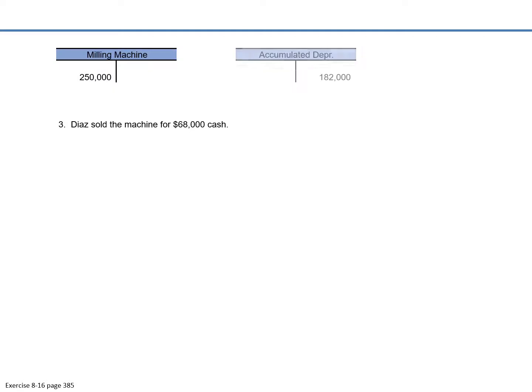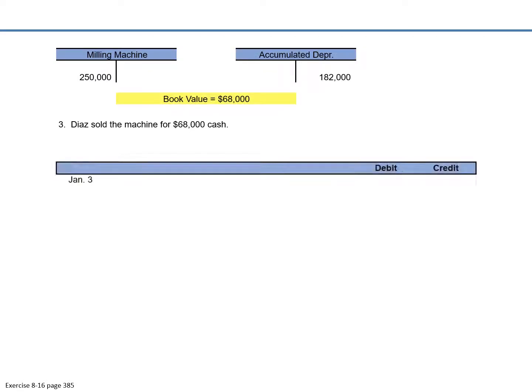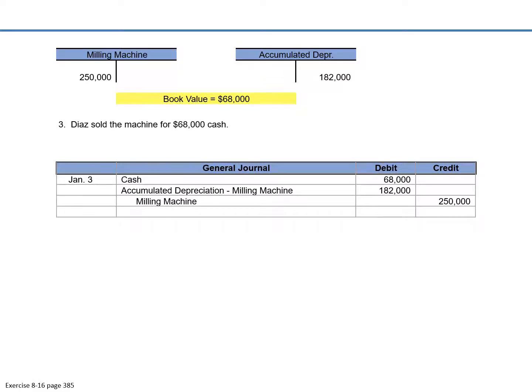Well, what if Diaz sold the machine for $68,000 cash? Accumulated depreciation on our milling machine, we debit $182,000. Credit our milling machine for $250,000. We have cash for $68,000. So we don't have any gain or loss because we sold it for the net book value, right?